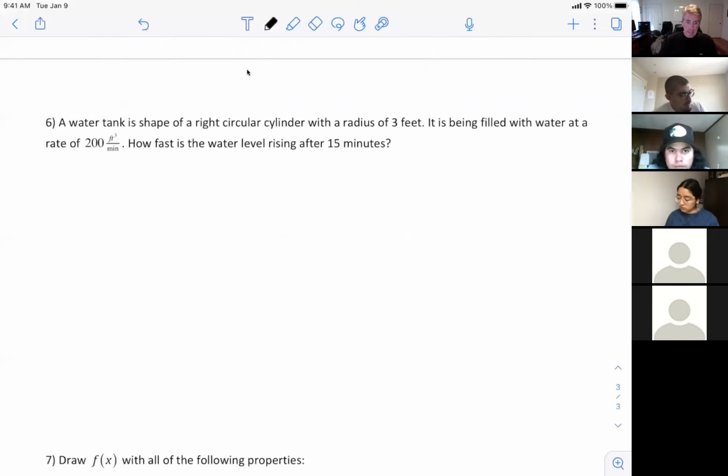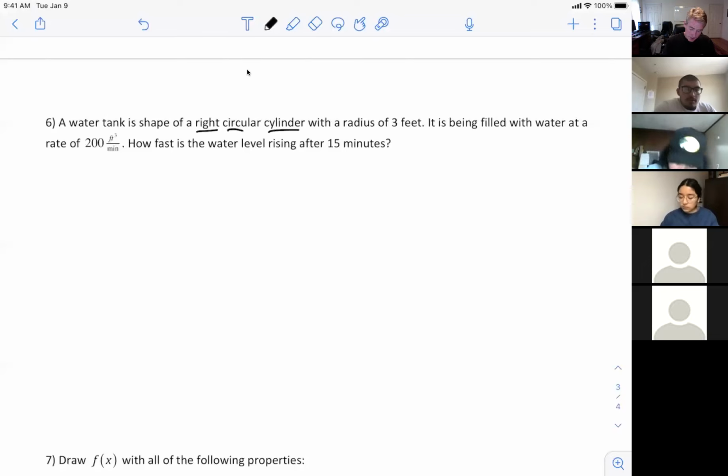So a water tank is a right circular cylinder. Cylinder means take a shape, like, for example, a square Post-it note, and then stack them up, the same shape going up. That's basically what cylinder means.